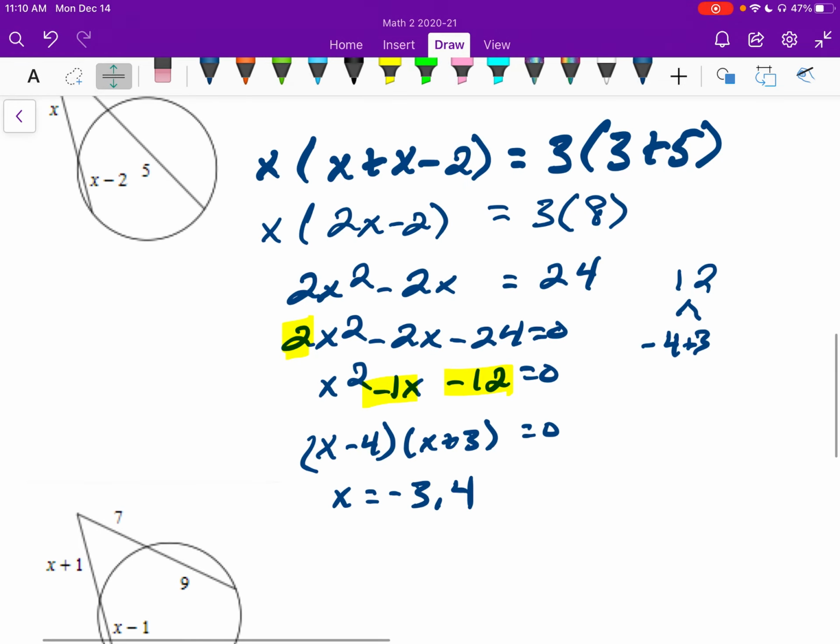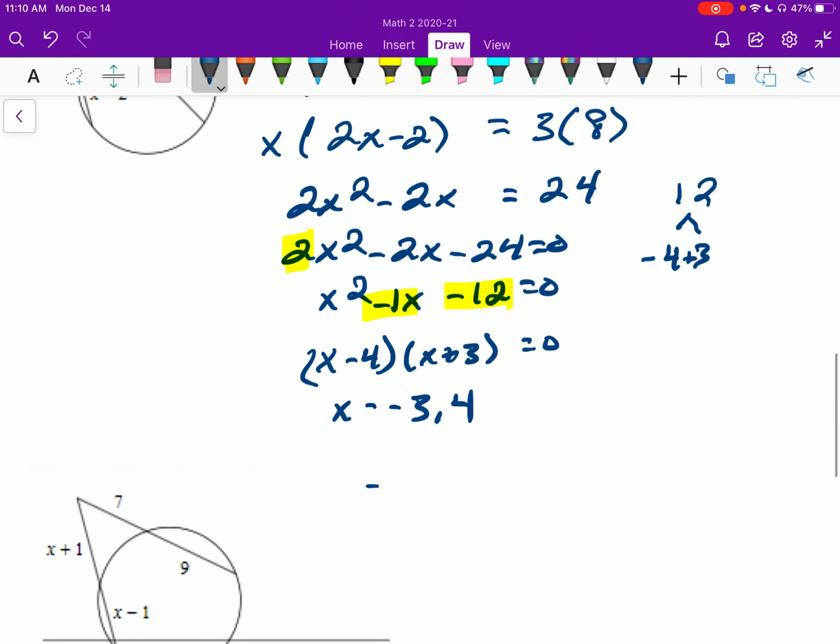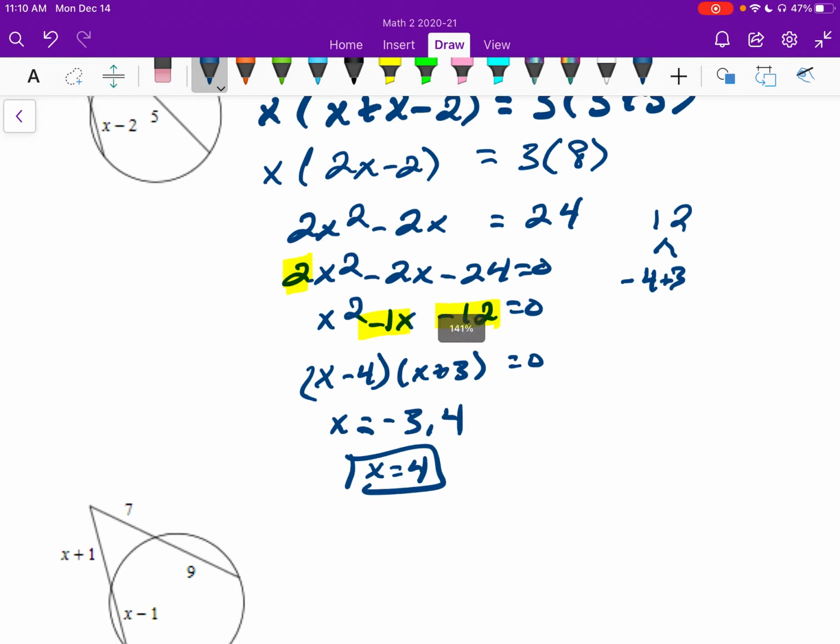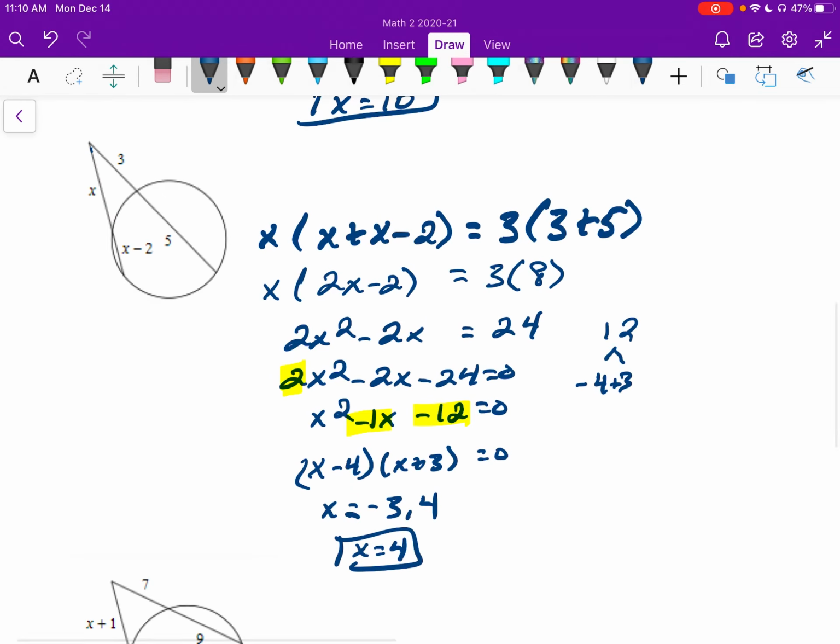Now, negative 3 doesn't make a whole lot of sense. So we're going to say, well, x equals 4. All right. So again, at this step, we set it equal to 0. But then to get to this step, we divided everything by 2 because we wanted to get rid of that coefficient.